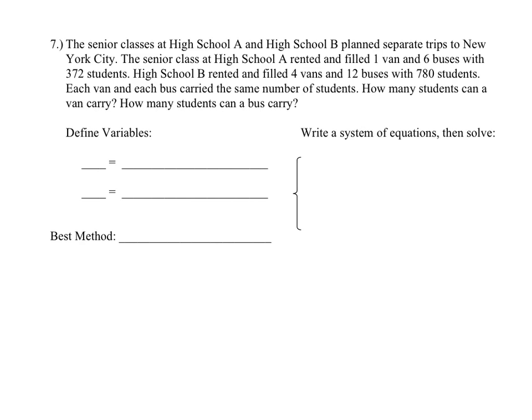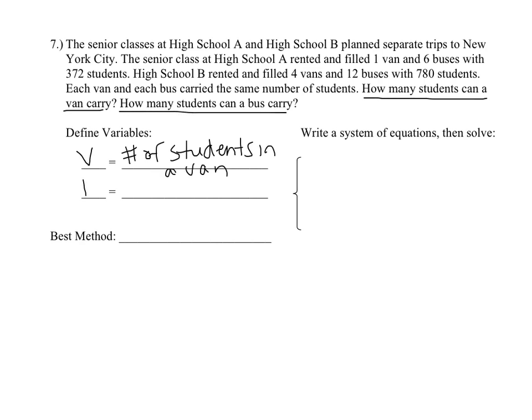right there, those questions right there are going to give you your variables. I'm going to call V the number of students in a van. And I'm going to go ahead and call B the number of students in a bus. Okay?